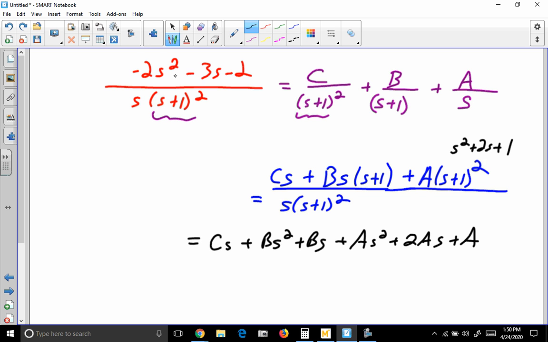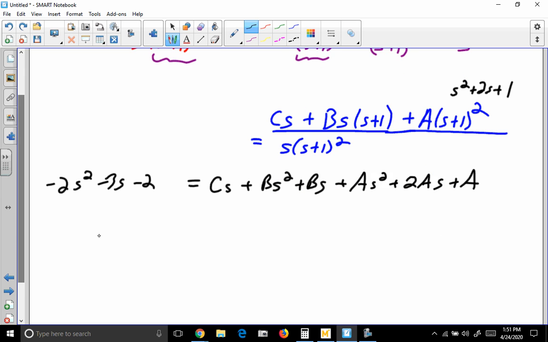So if these fractions are to be equal, the numerators have to be equal. So we know how many s squareds we have on the left: we have -2s squared. On the right, we have bs squared and as squared, or a plus b. That's how many s squareds we have.